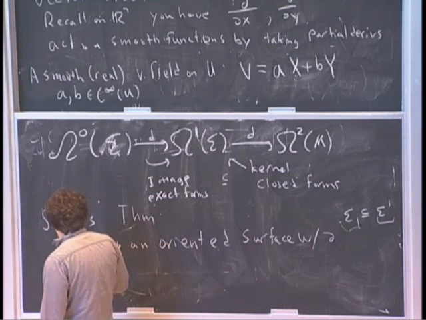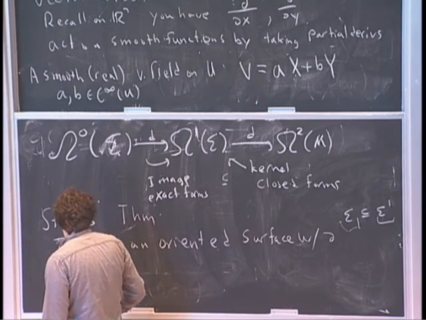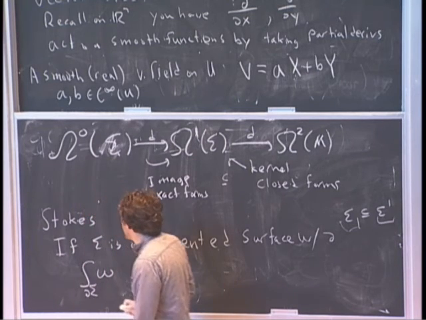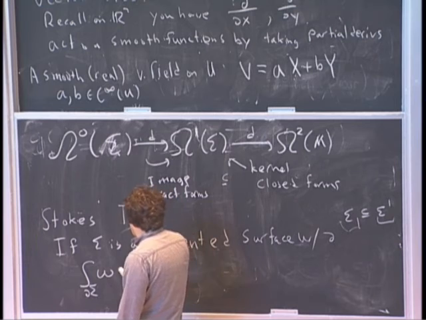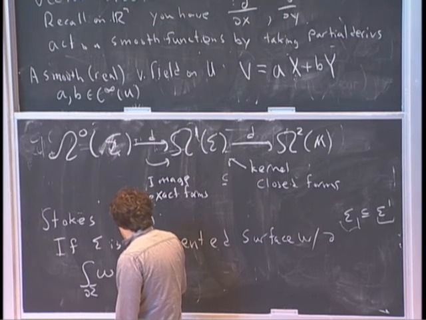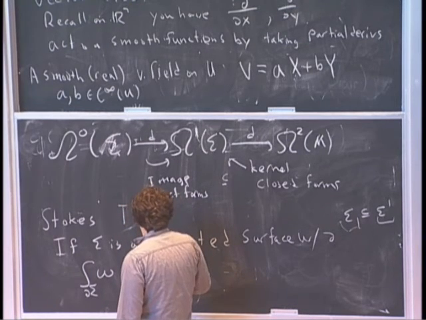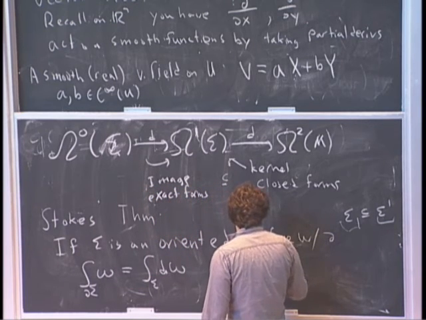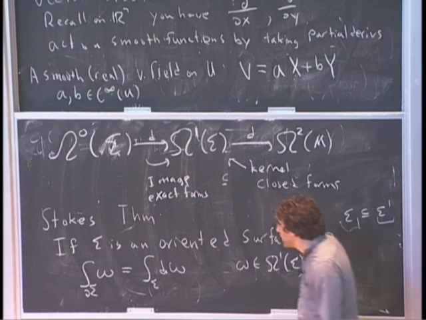Then Stokes' theorem tells us that if we integrate over the boundary of sigma a 1 form omega, which we can always do, then that's the same as the integral over all of sigma of d omega. This makes sense because omega is a 1 form, and d omega is a 2 form.